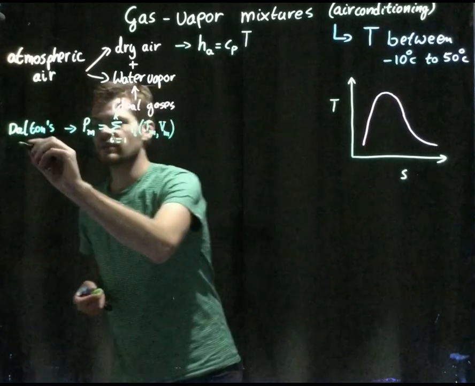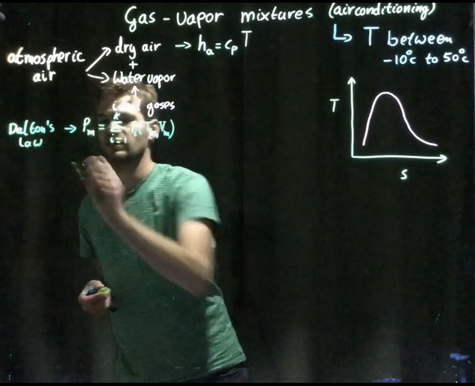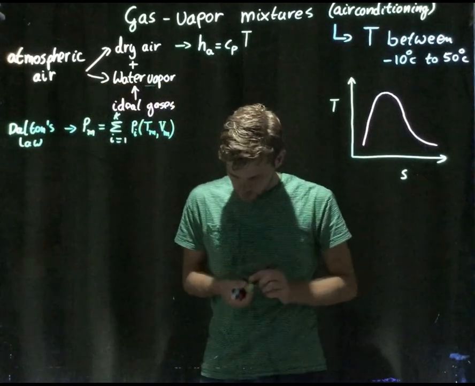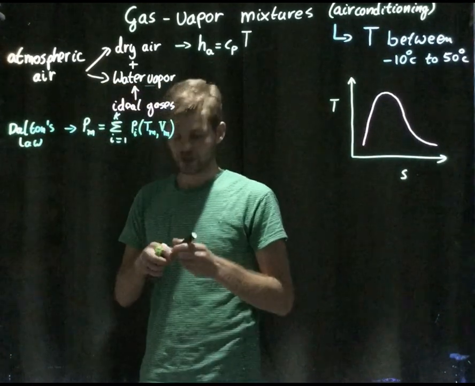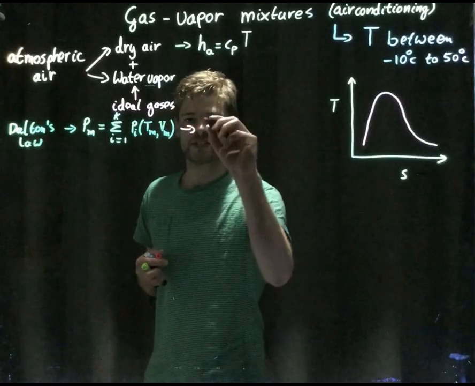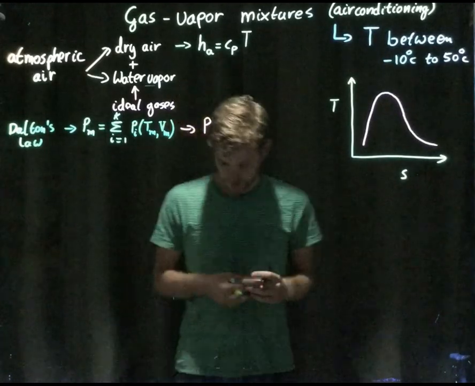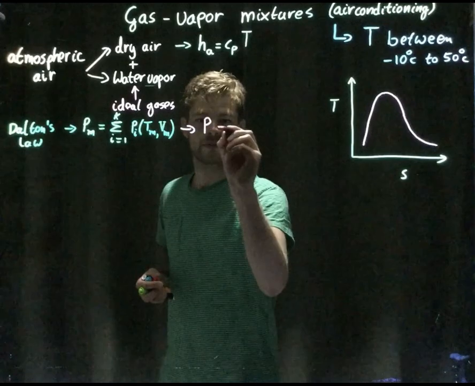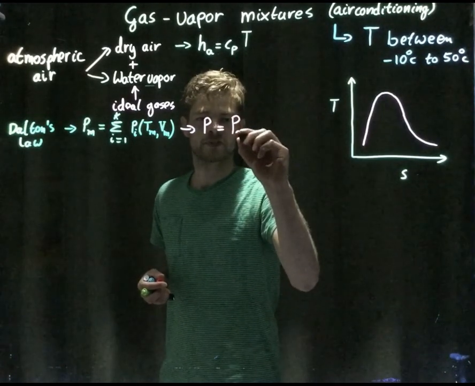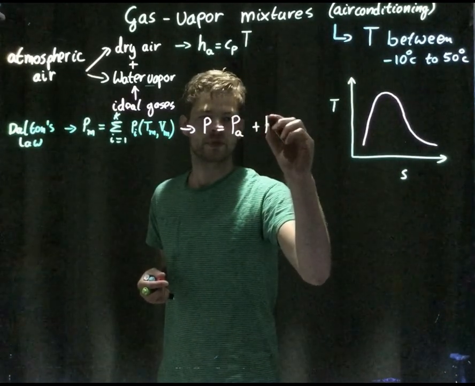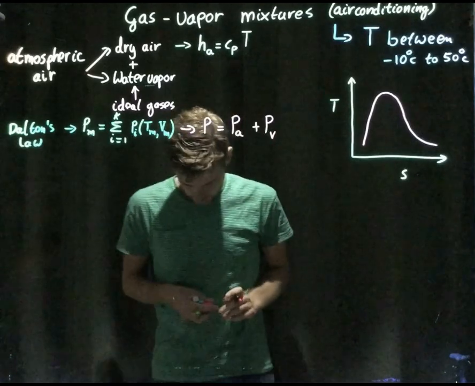So this is what Dalton's law says. And in our case this will result in the atmospheric pressure consisting of the pressure of dry air plus the pressure of water vapor.